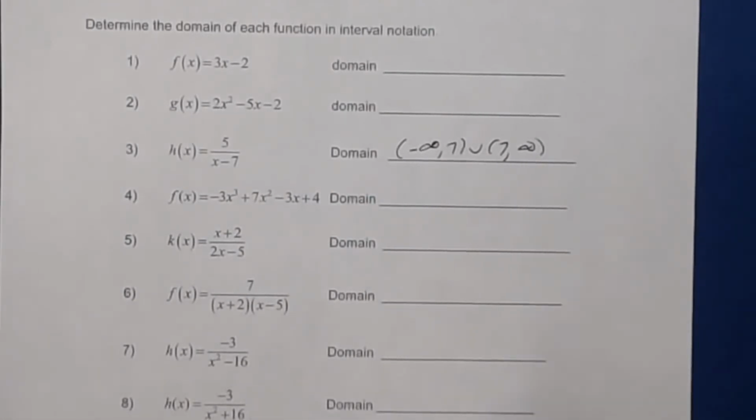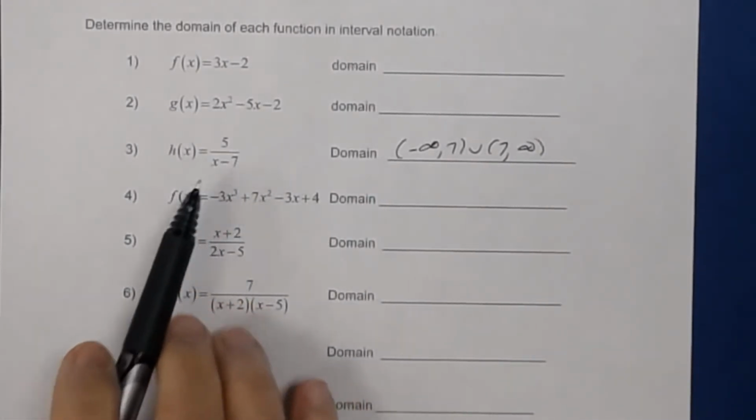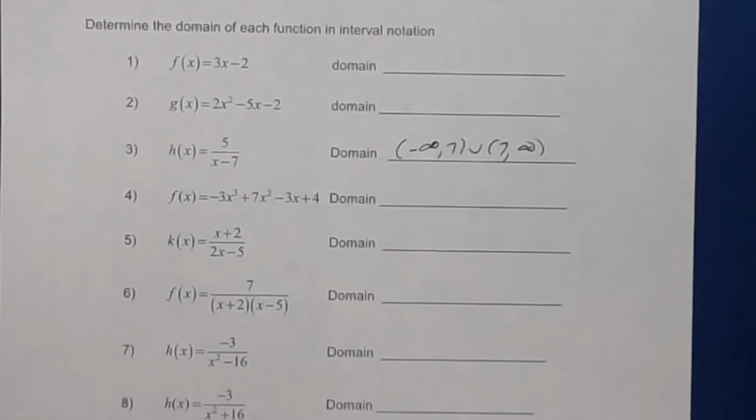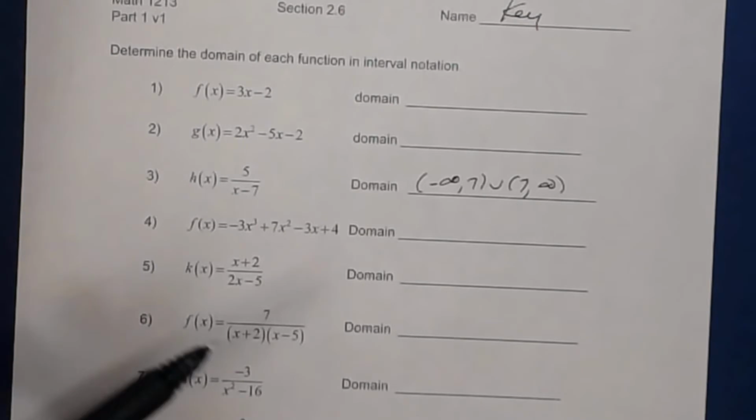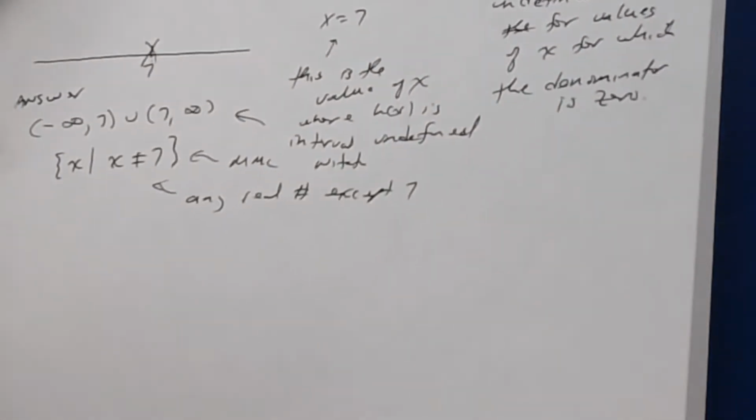All right? Now, so we talked about a rational function. Now let's look at polynomial functions. All right, polynomial functions. So remember, a polynomial function has this form.